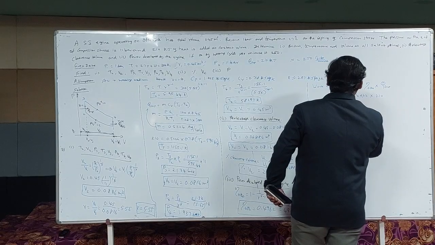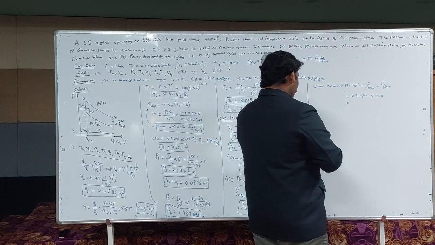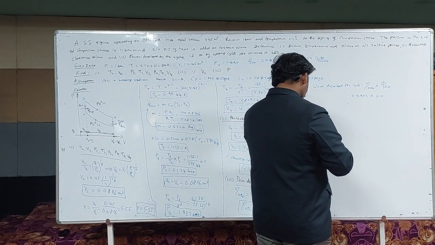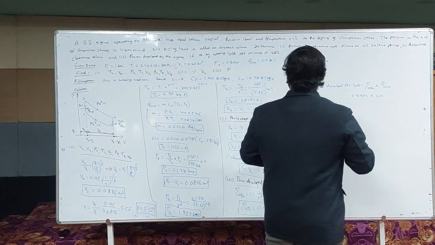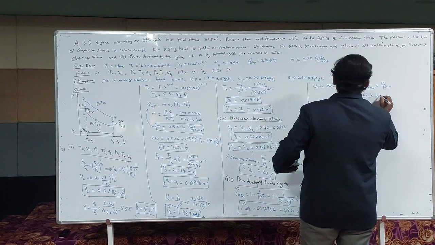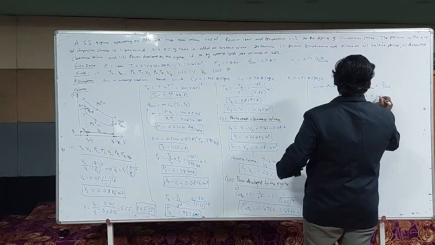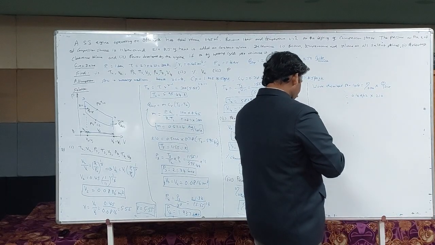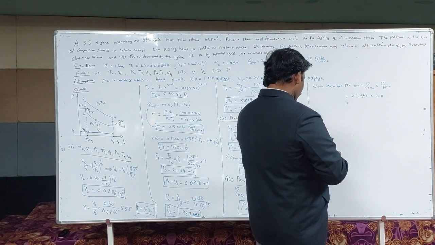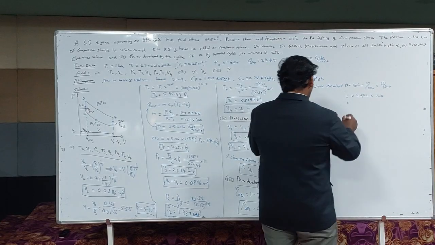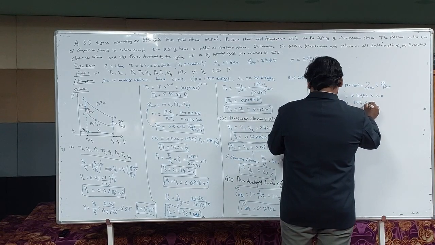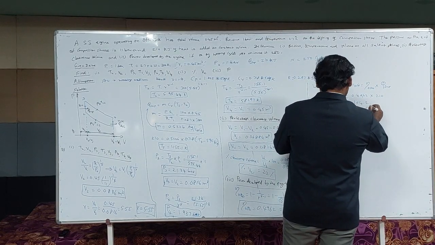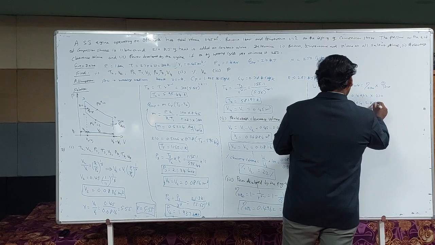That is correct, 210. 0.4962 into 210, we get 104.2 kilojoule.